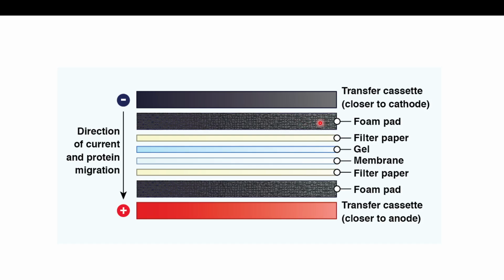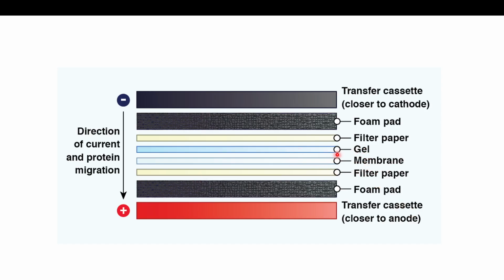So a foam pad, which is a bit sturdy, will also allow the buffer, or whatever surrounding medium needs to be provided, to pass through. These layers of foam pad and filter paper should be there, and this should be taken care of really properly. The gel should be towards the negative side, and the membrane should be towards the positive side.